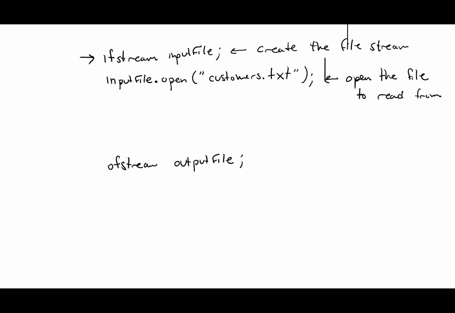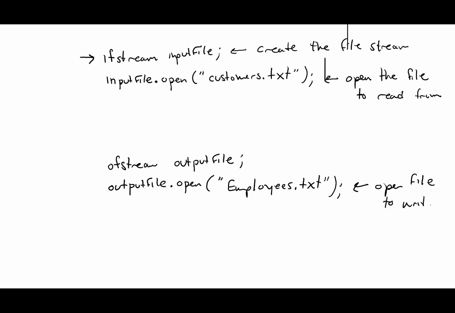And then we're going to have the name that we use, output file, and this is .open because we're opening the file. And then let's just call this employees.txt. So this is going to open the file to write to.